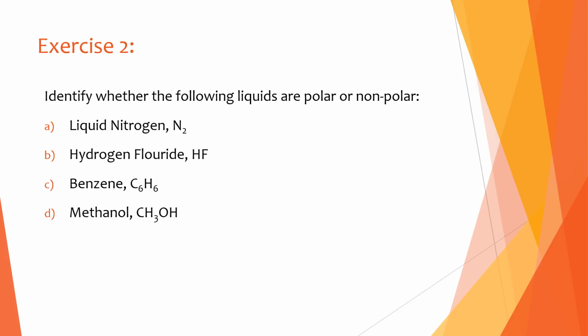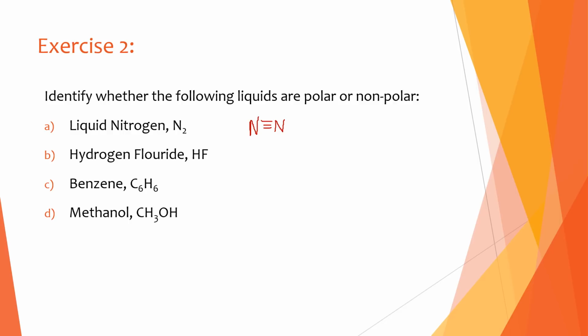Exercise 2. Identify whether the following liquids are polar or non-polar. For number 1, liquid nitrogen, the Lewis structure will have a triple bond between the nitrogen atoms. To determine whether the molecule is polar or non-polar, we need to check whether the bond is a polar bond or not.